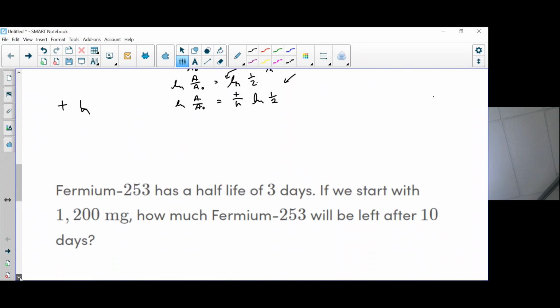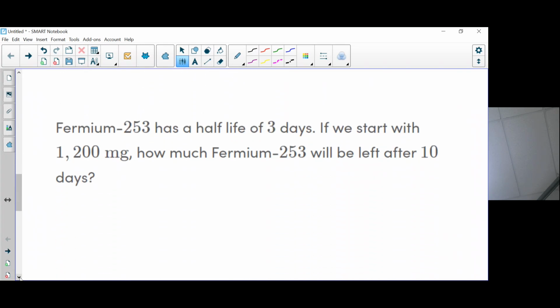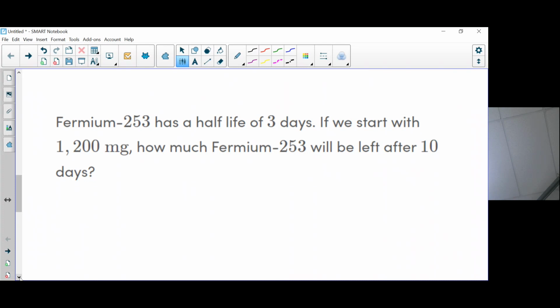Okay. Here's the first one. This thing has a half-life of 3 days. And we're going to start with that many milligrams. And it's telling me the time is 10 days. And it's asking me how much will I have.